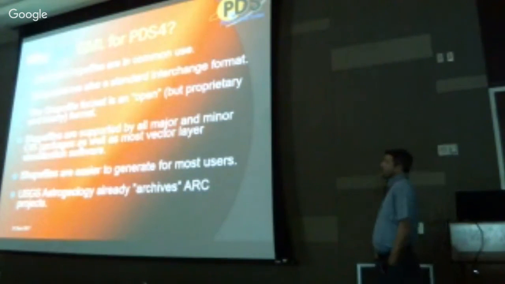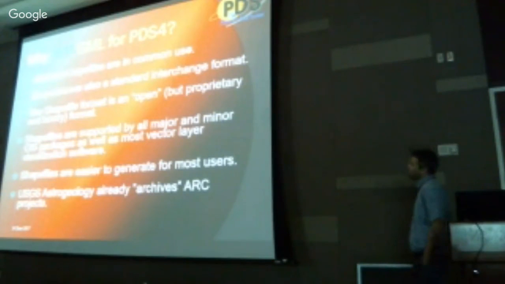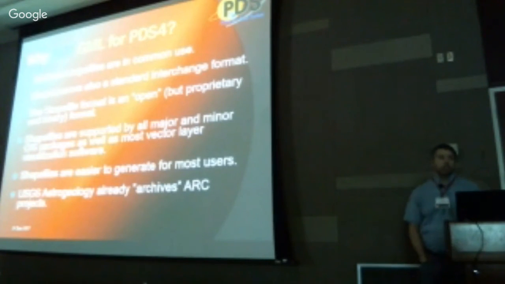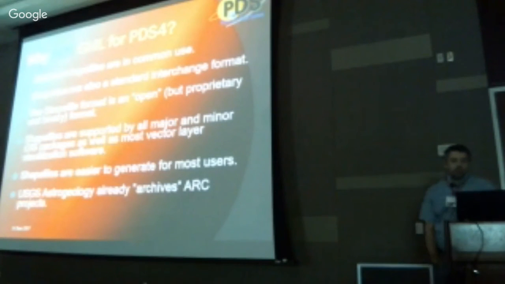Why should we not use GML for PDS4? Everybody asks me this question. ArcInfo shapefiles are the most commonly used GIS that I know of in planetary applications. Those shapefiles are also a standard. The shapefile format is open, but parenthetically it's a proprietary and binary format, which means you have to have specialized software.